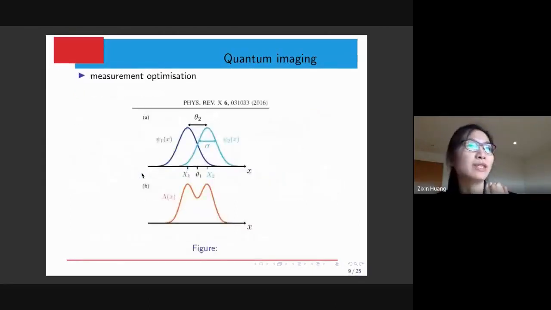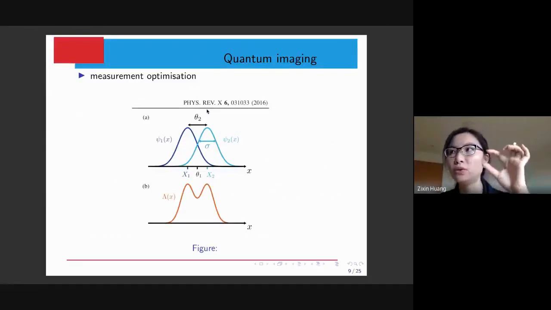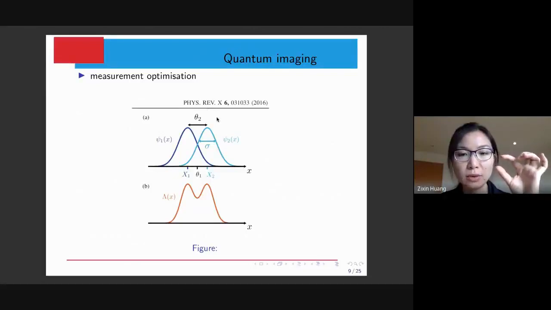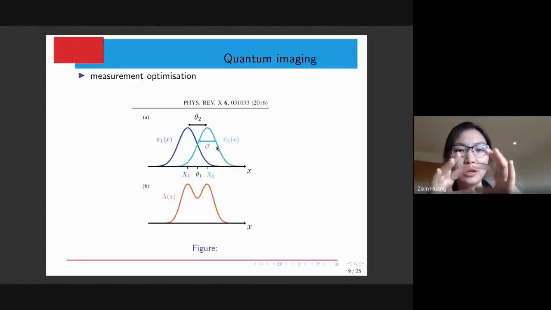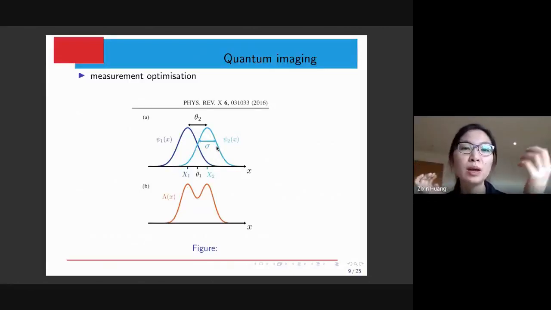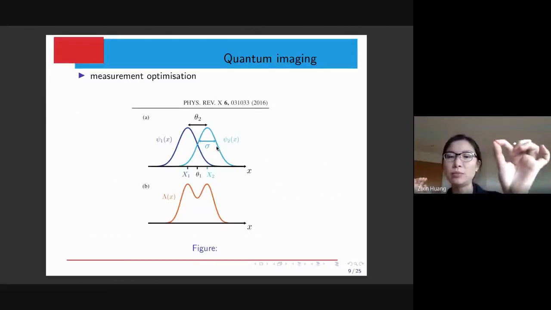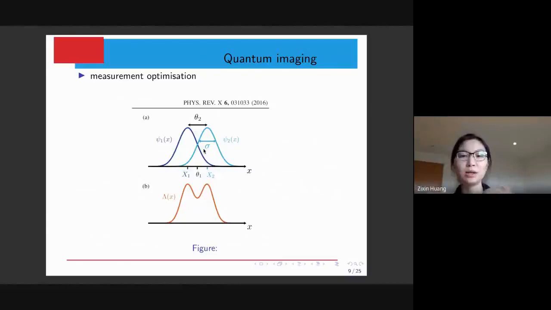So that was an example of state optimization, where you illuminate the target with an entangled photon beam. Now let's talk about measurement optimization. This is exactly the example I was using before. You have two distant stars, which are both very faint by the time the light gets to your imaging screen. Something called Rayleigh's criterion dictates that if you have a lens or an aperture with finite size, then a point source, something at a distance that's a single point, will end up with a finite spread on your imaging screen.